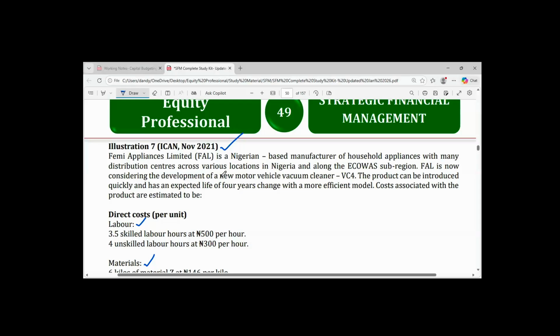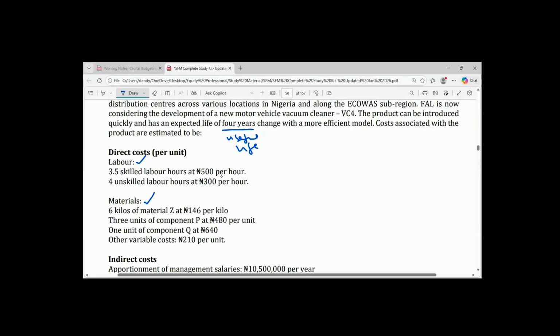The product can be introduced quickly and has an expected life of 4 years. So useful life is 4 years. Change with a more efficient model. Costs associated with the product are estimated to be direct cost per unit.